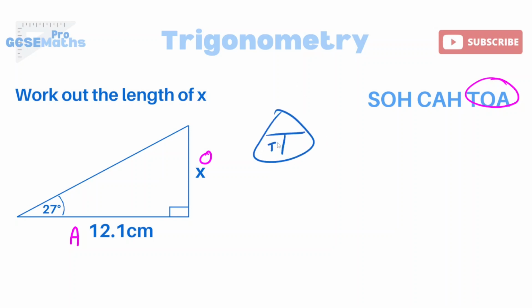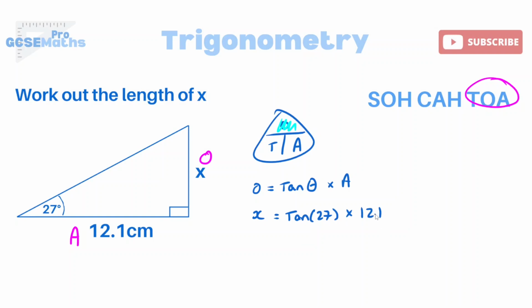So I quickly draw a sketch of my formula triangle. Which one am I looking for? I'm looking for the opposite. Cross that one out. So my formula is the opposite is equal to tan, again, of the angle, times by the adjacent. And now if I put in my numbers, x is equal to tan of 27 degrees times by 12.1.